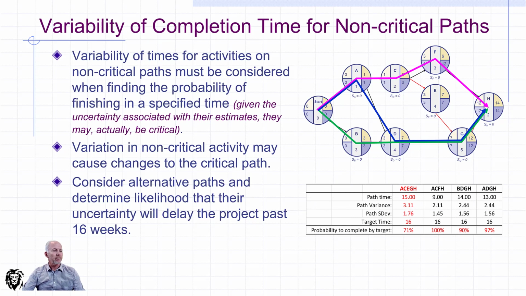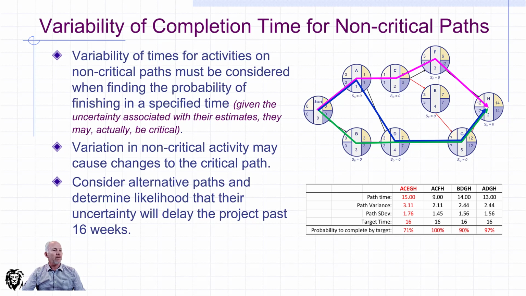So if we were to look into our spreadsheet, we identify our 4 paths. The first path is our critical path, which we already did, and we know it was 71% likely of being finished by 16 weeks. Remember, 15 weeks was our project time.